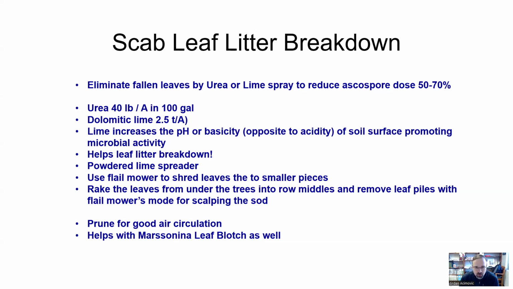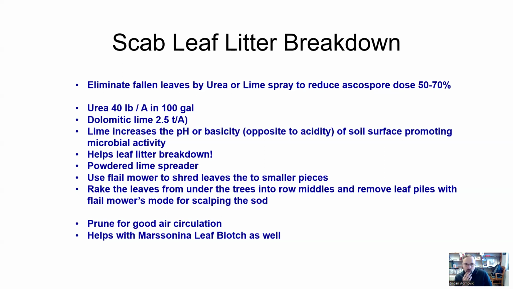So some people decide to rake the leaves from under the trees, put them in a strip below the trees or below the mid rows, and then use the flail mower in a scalp mode to basically shred the leaves. Or sometimes they remove the piles completely, using different methods. The scalping mode of the flail mower is really good because it shreds the leaves into small pieces.